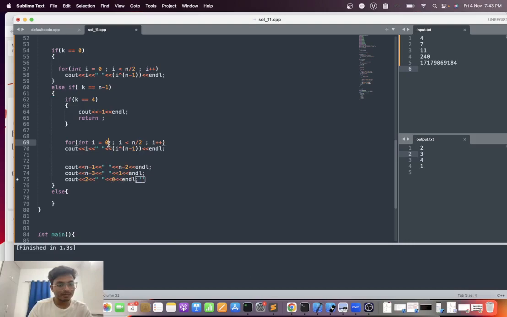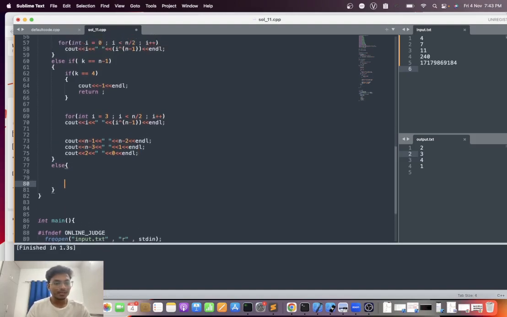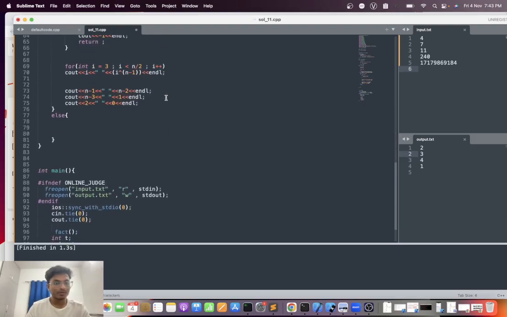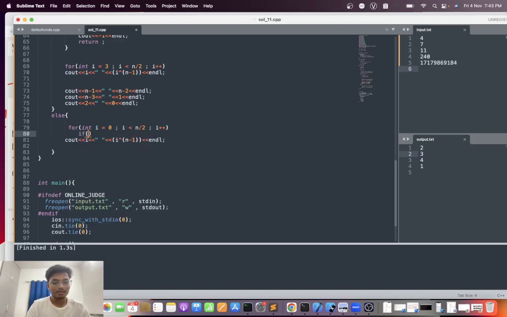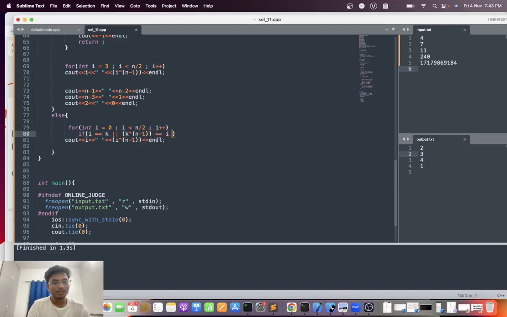Now 1 is taken, 2 is taken, so I have to start from 3. For all the remaining pairs it will be 0. Now the last one, I need to copy paste this, and if i is equal to k, or the opposite value of k, which is k XOR n minus 1, I will say continue.